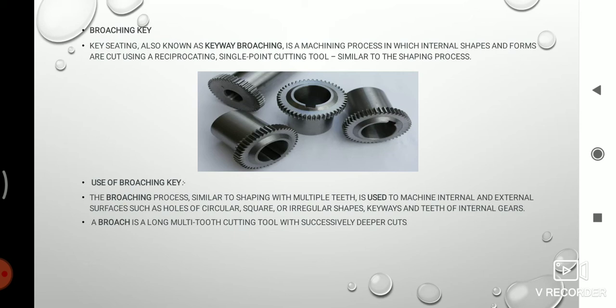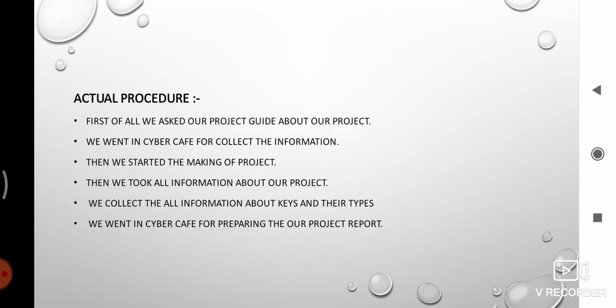The broaching process, similar to shaping with multiple teeth, is used to machine internal and external surfaces such as holes of circular, square or irregular shape, keyways and teeth of internal gears. A broach is a long multi-tooth cutting tool with successively deeper cuts.